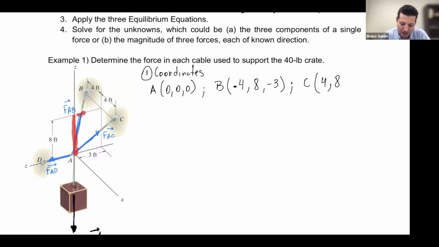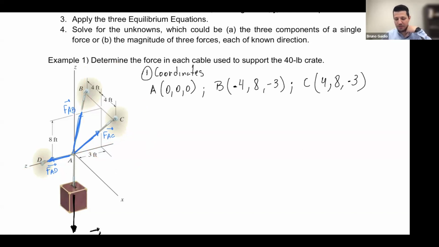It's the same plane, you can visualize it, so this is 8. And then Z, negative 3. This is positive, this is negative Z, and on this side, the plane on the back is negative Z.